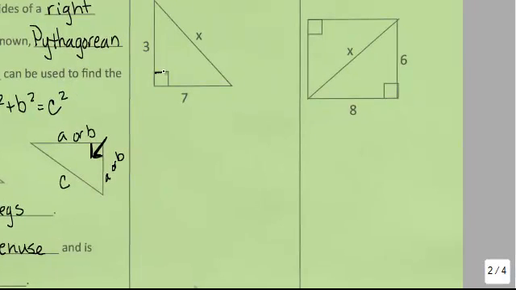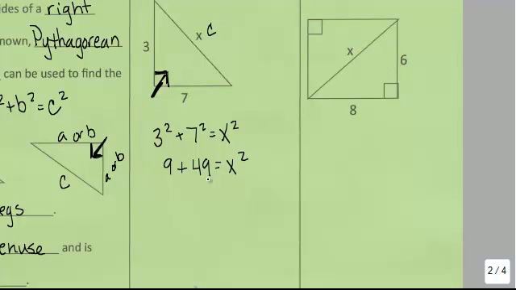Now, remember, this is my hypotenuse, so this is my c. So it will be 3 squared plus 7 squared equals, since this is my c, x squared. 3 squared is 9, 7 squared is 49, equals x squared. 9 plus 49 is 58 equals x squared.